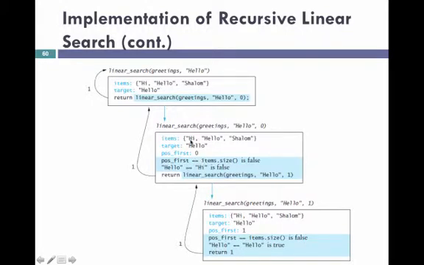The first item in the vector is hi, it doesn't match hello, so now we'll make a recursive call with position + 1, which means now we're looking at position 1. At position 1 we find hello, so hello equals hello. We'll return 1 as the index of where the result is, and that will just be returned as we unwind the recursive calls, and the result is 1, meaning we found the target at index 1 in our vector.